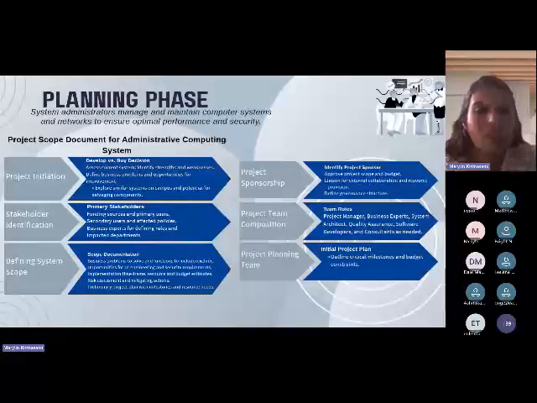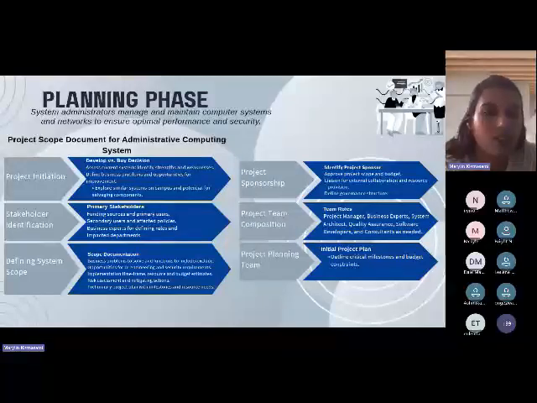So what that means is, what business functions will the system address? What functions will be intentionally excluded, okay? So you can see that you'd have to work on the pros and cons of this. So it's not just something that's going to be for everything. It needs to be specific to the most important issues that need to be addressed.